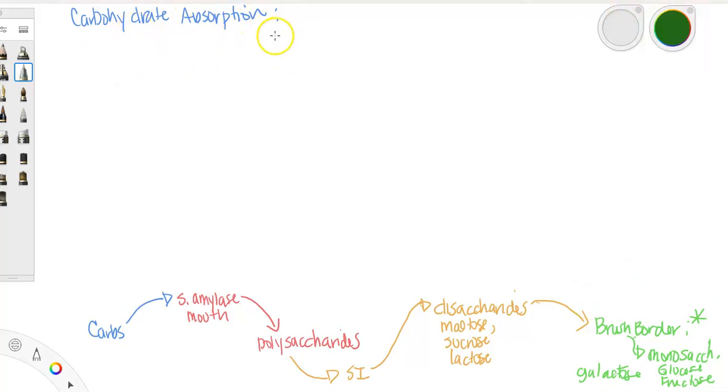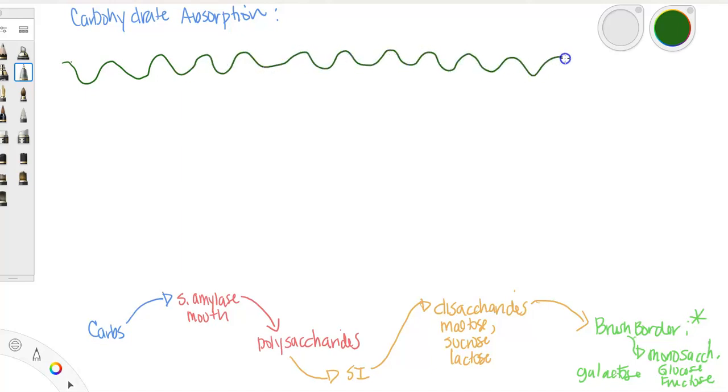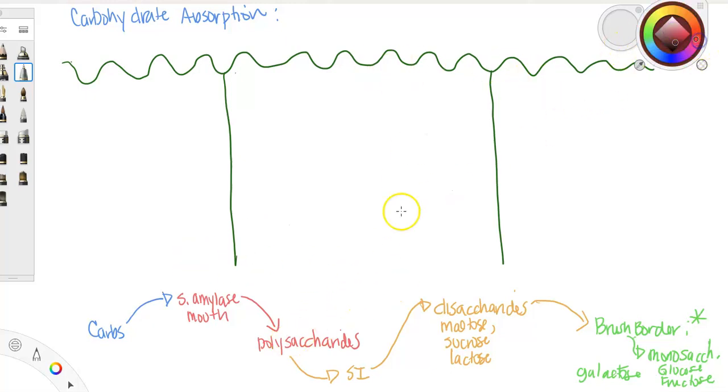Okay, so at the brush border, we have our cells, and the cells, of course, have microvilli on them. Make some big cells here. And down here, I'm kind of out of room, but we have blood.